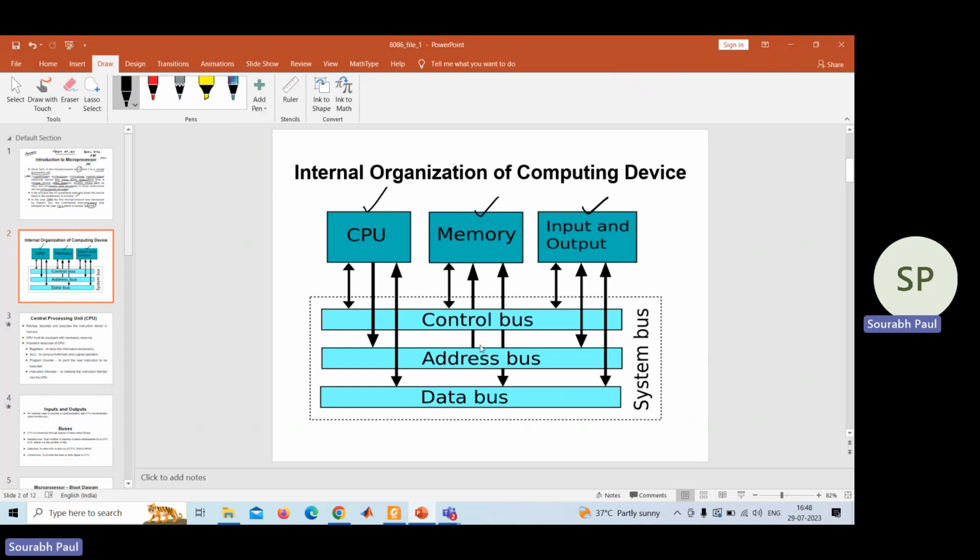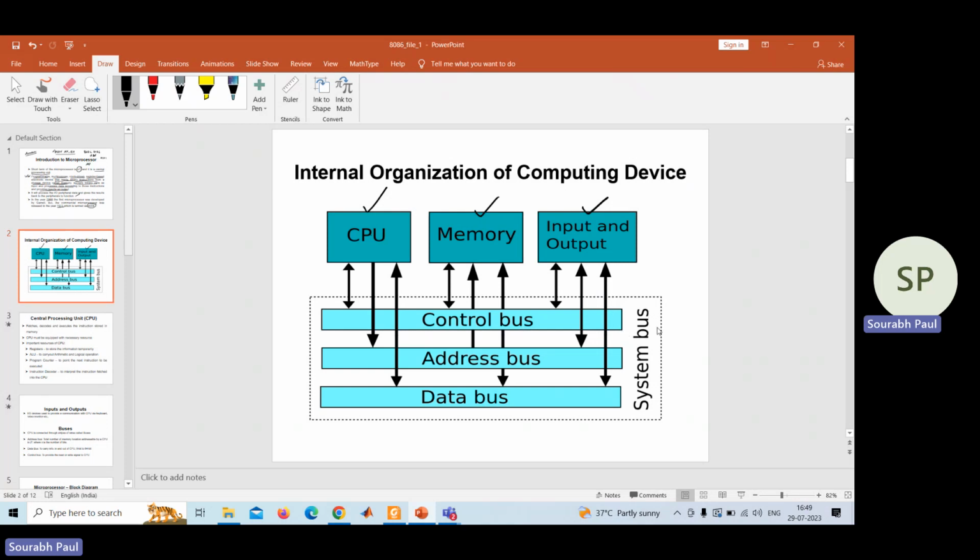CPU is nothing but the central processing unit. Memory is a storage unit where you can store some data or code. Then input output devices, all of you know very well what they are, and all these things will be connected through three buses.